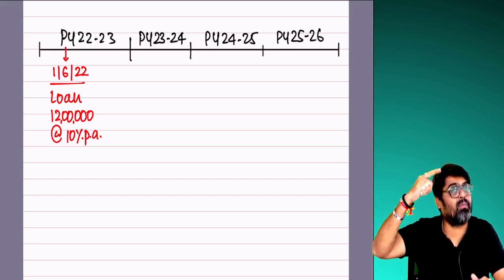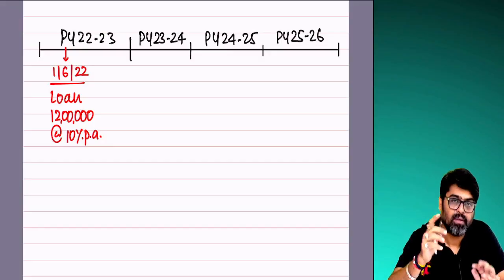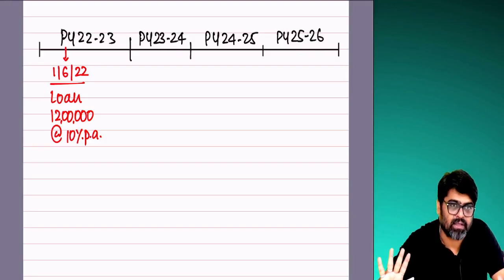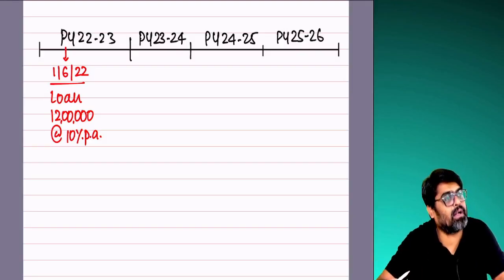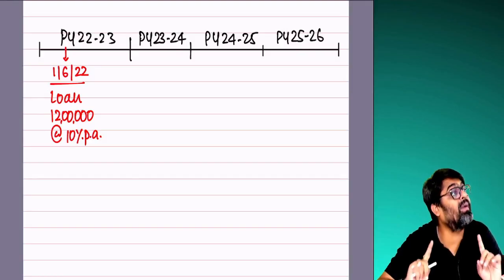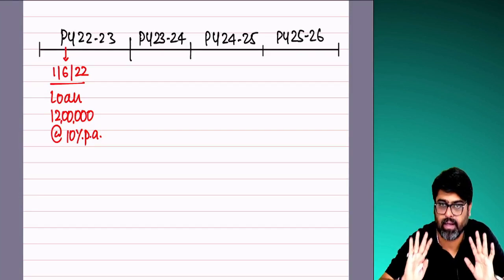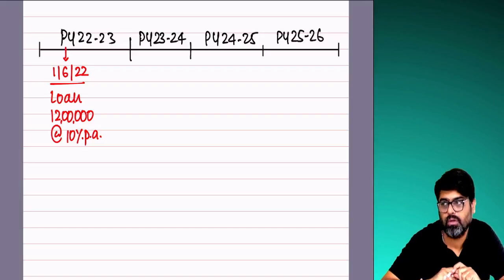If we are talking about interest, ignore the date of starting the construction. Getting my point? Always check the date on which the loan is taken. So the date of loan was 1st of June 2022.